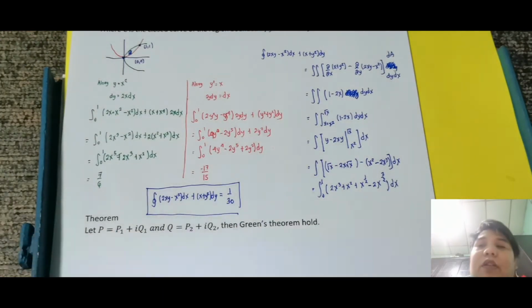Ngayon, i-check natin sa calculator kung ano magiging sagot dyan. That is integral from 0 to 1. So hoping na parehas ng 2x raised to 3, plus x squared plus x raised to 1 half.